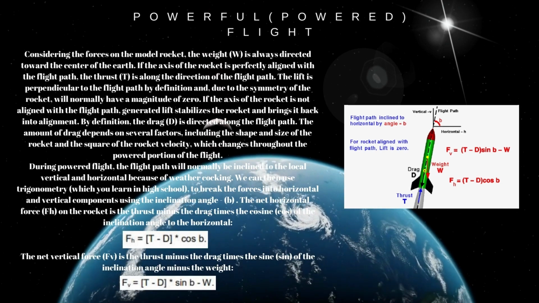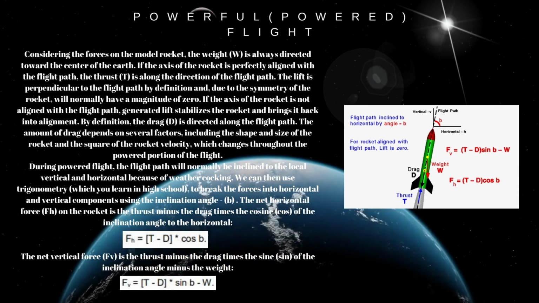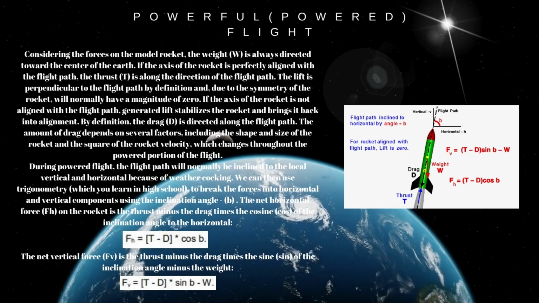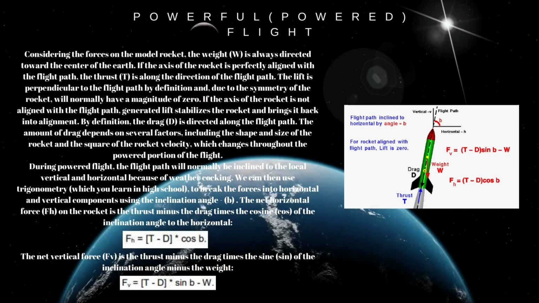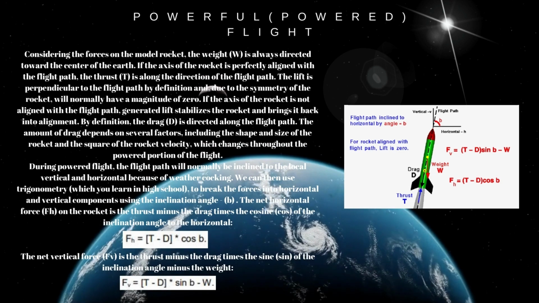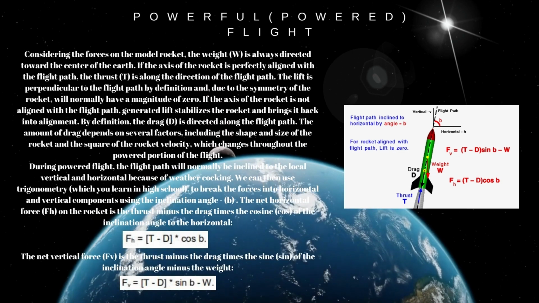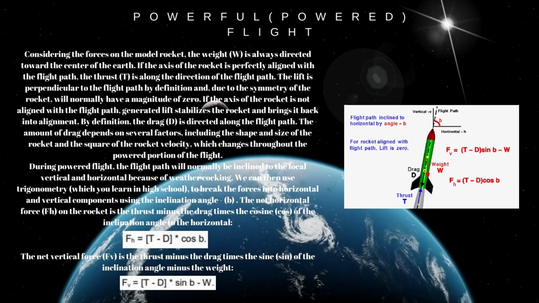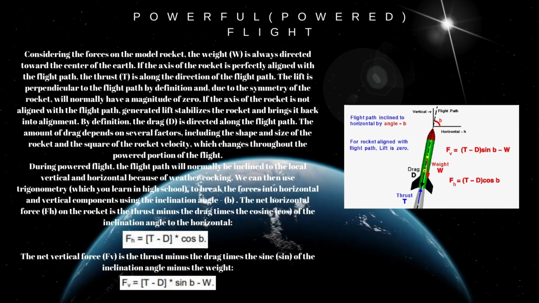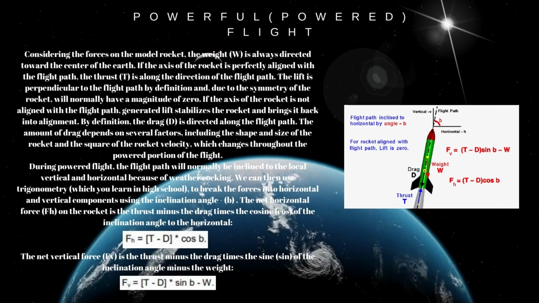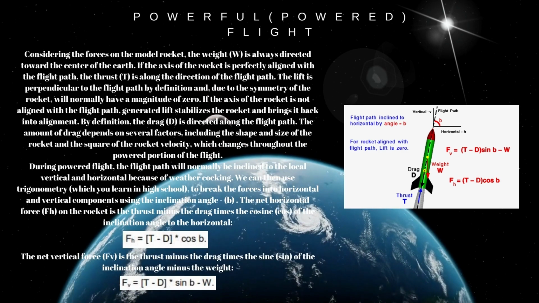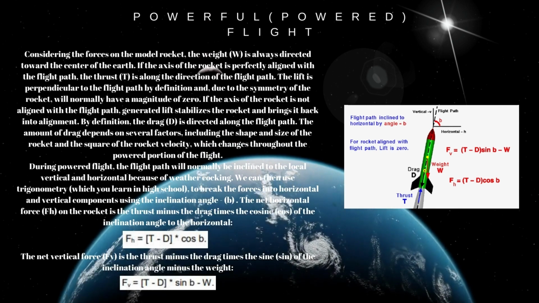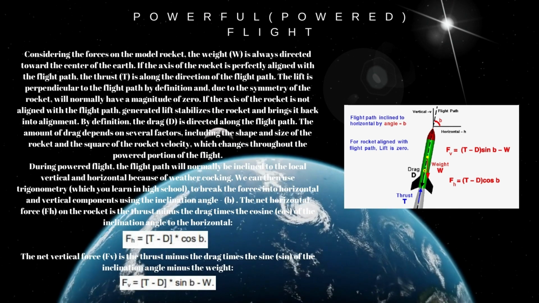Because of weathercocking, we can then use trigonometry to break the forces into horizontal and vertical components using the inclination angle. The net horizontal force on the rocket is thrust minus the drag times the cosine of the inclination angle to the horizontal. And the net vertical force is thrust minus the drag times the sine of the inclination angle minus the weight.